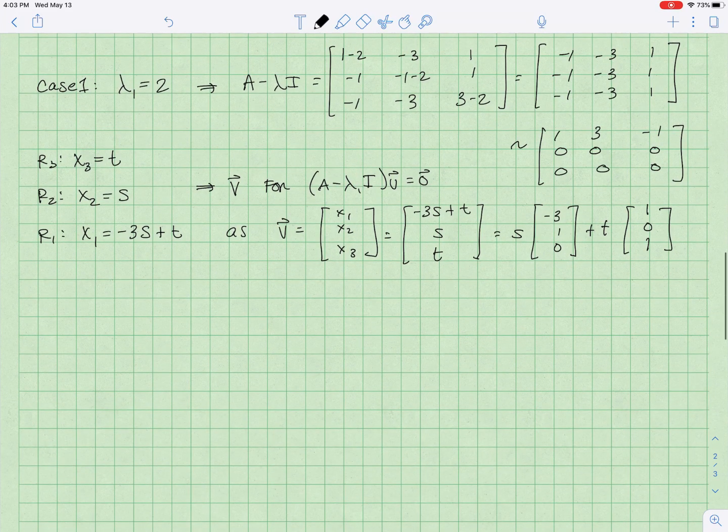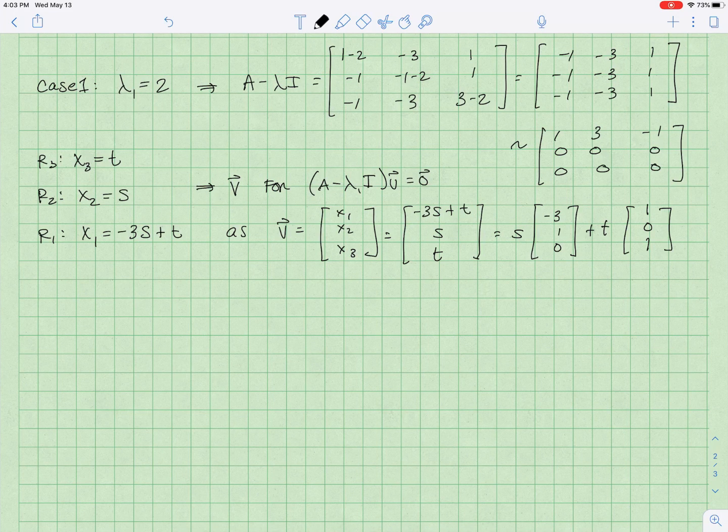Now, we have been choosing some very special values for s and t in our previous examples. But what you need to know is there's not just one possible eigenvector or 2 possible eigenvectors here. There are an infinite number of possible eigenvectors.